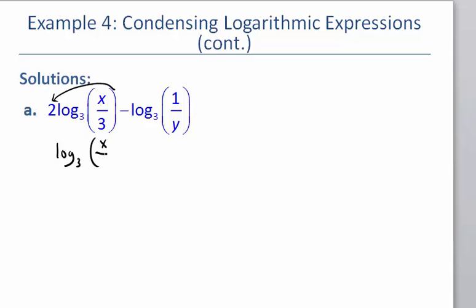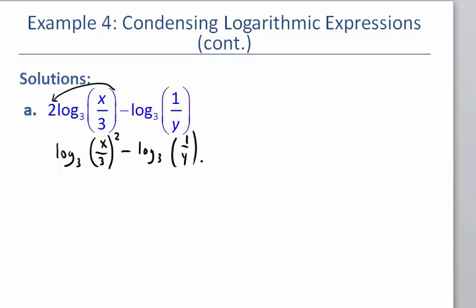So let's take it back and make it an exponent. So we're going to write it log base 3 of x over 3 squared. All right, and I'm going to leave the rest of it alone for just a minute. So log base 3 of 1 over y.